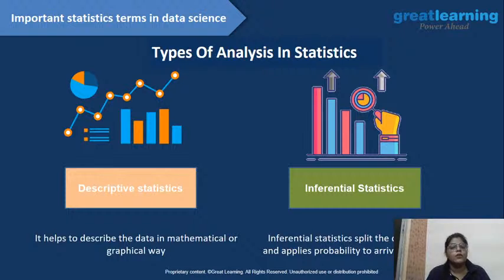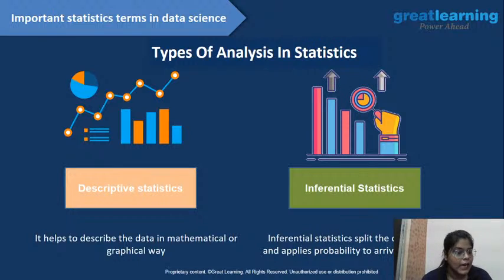Right, okay, now we are going to talk about the types of analysis in statistics. Basically, we have two types of analysis in statistics. One is descriptive statistics, and one is inferential statistics. So what is descriptive statistics? It helps to describe the data in a mathematical or a graphical way. So if you want to describe your data in a mathematical or graphical way, you have to go for descriptive statistics.